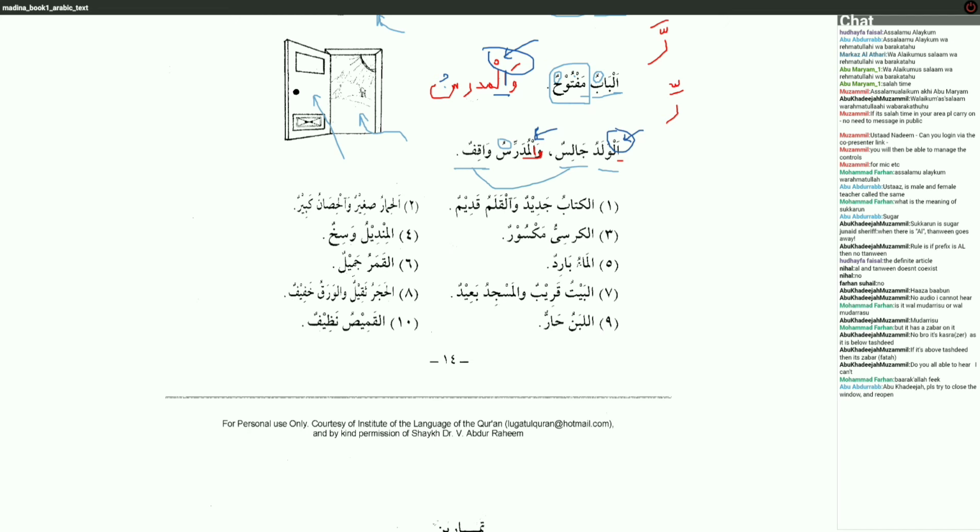So hence, in our case here, is it above the shadda or below the shadda? Hudayfa, can you see it? Yes. Is it above or below? You see that sign?